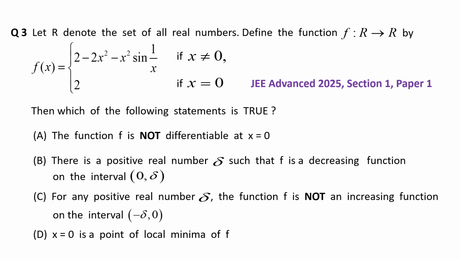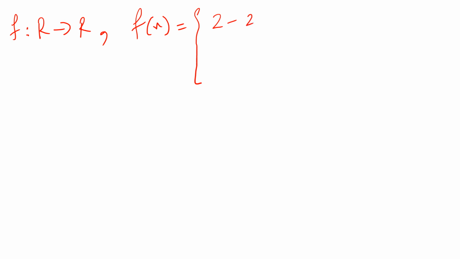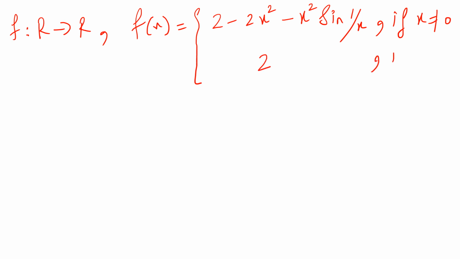Now students, we start solving this problem. We have been given a function f defined from R to R, where f of x is given as 2 minus 2x square minus x square into sine of 1 upon x if x is not equal to 0, and f of x equal to 2 if x equal to 0.